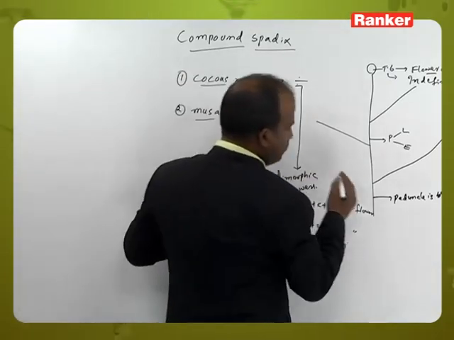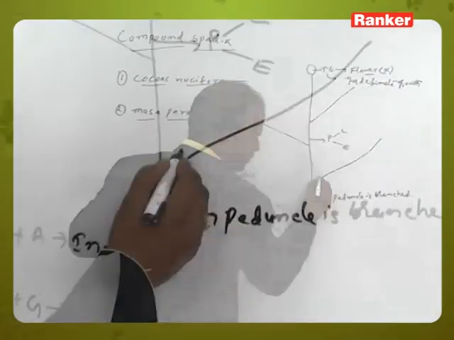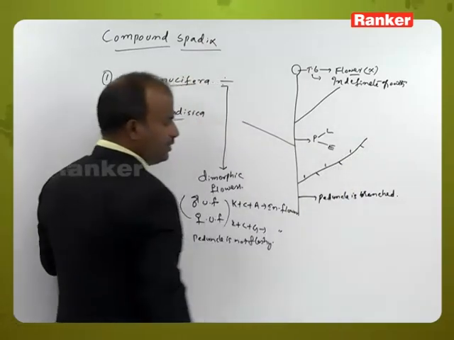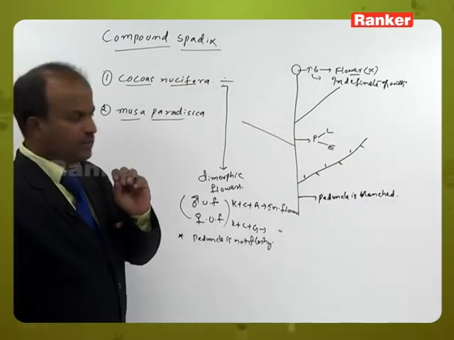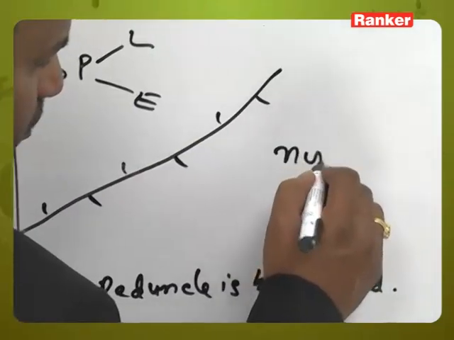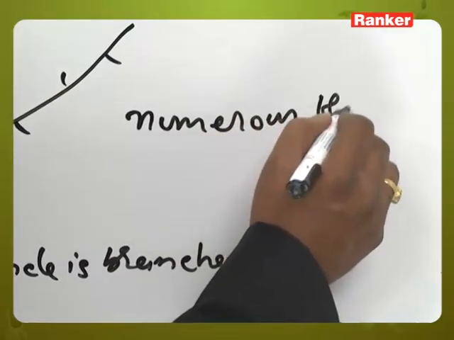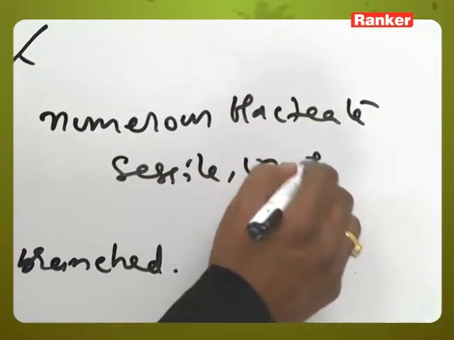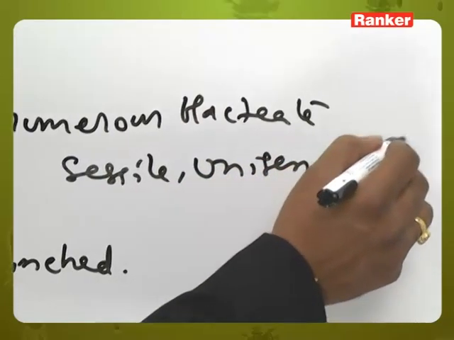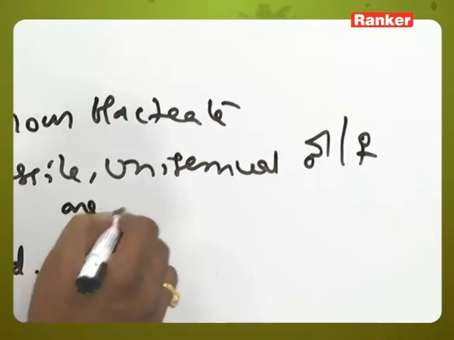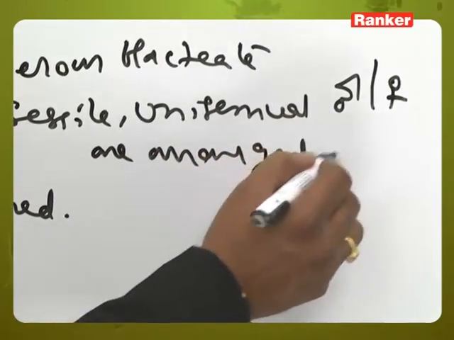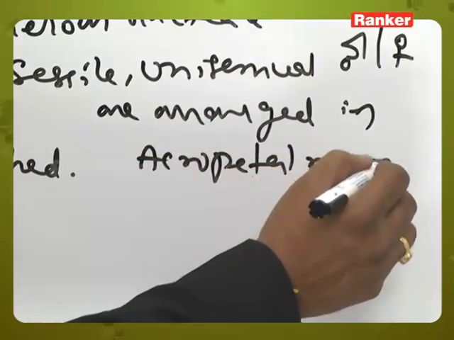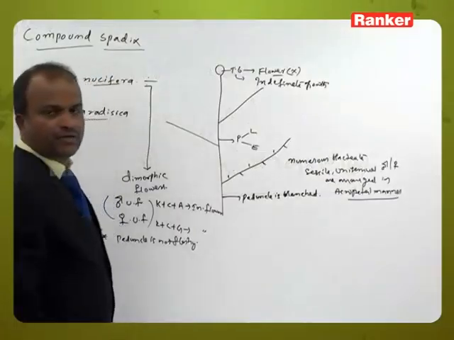Here in this Cocos nucifera, numerous bracteate, sessile, unisexual male and female flowers are arranged in acropetal manner.